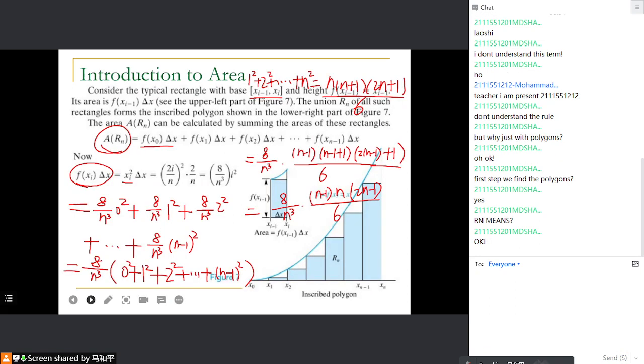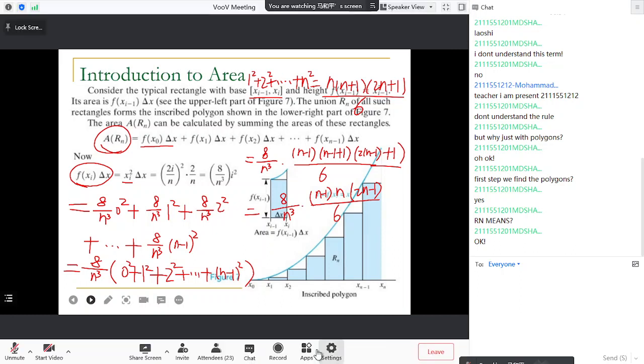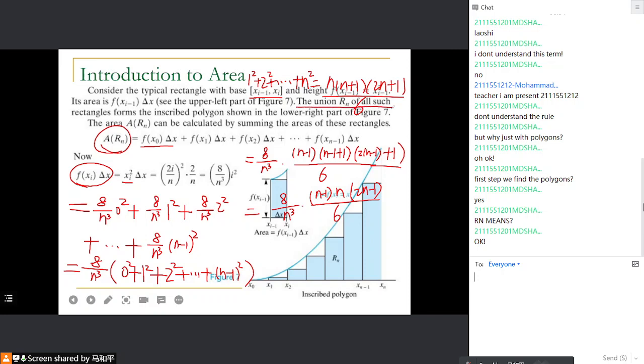This R1, R2, R3, Rn are rectangles. The union of all such rectangles forms the inscribed polygon shown in the lower right part of Figure 7. Right?